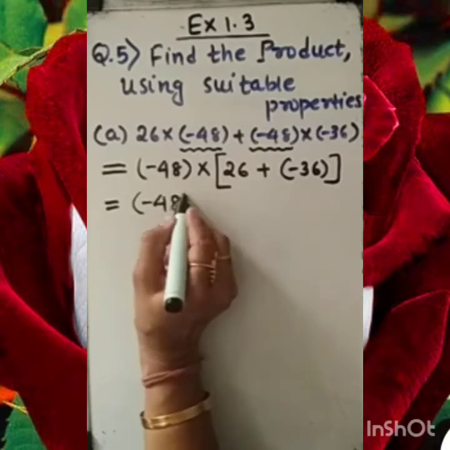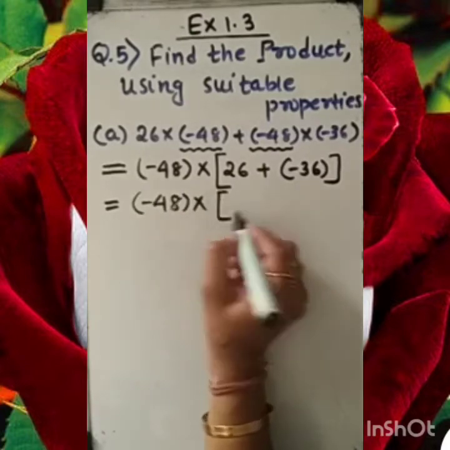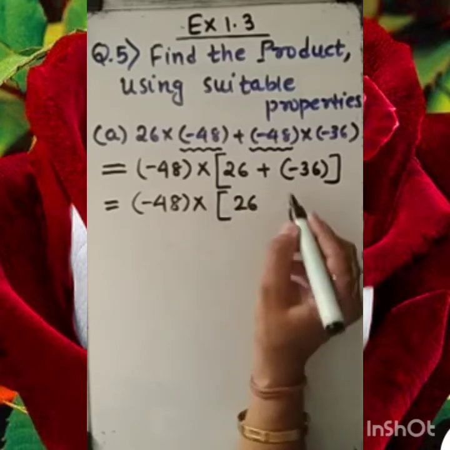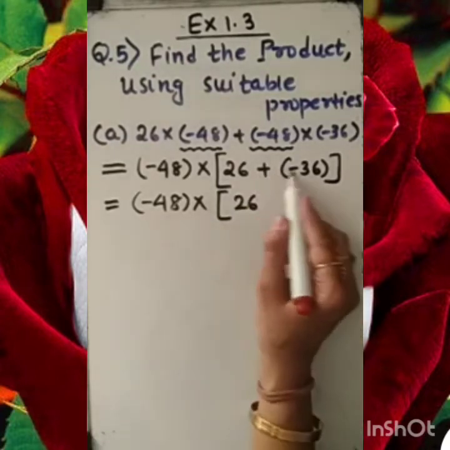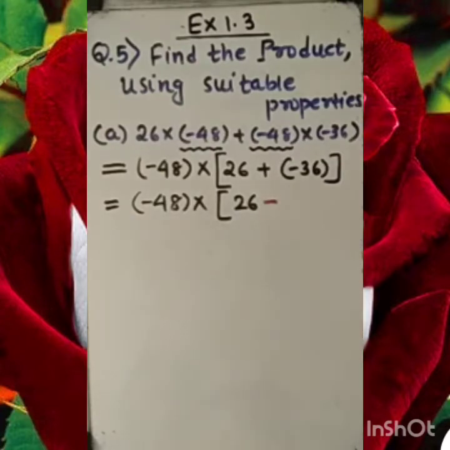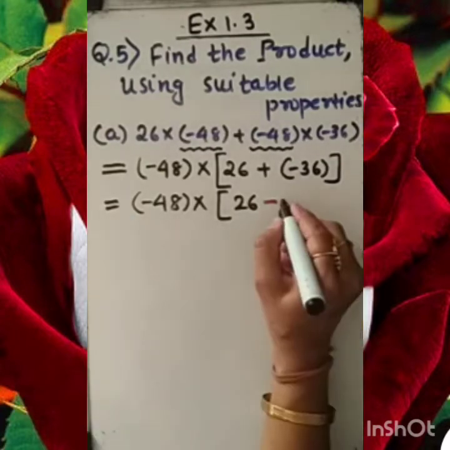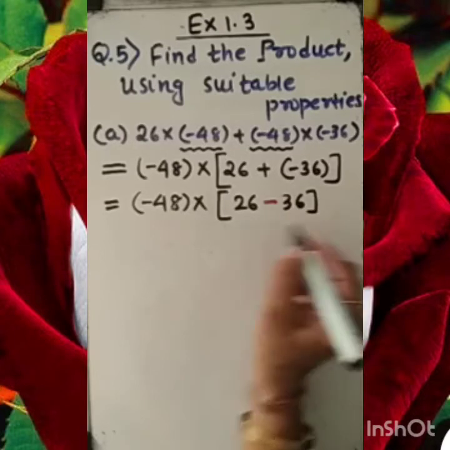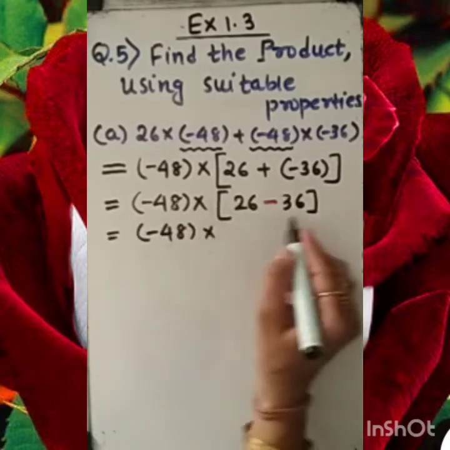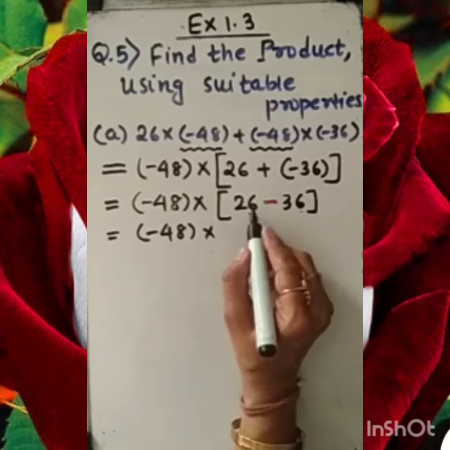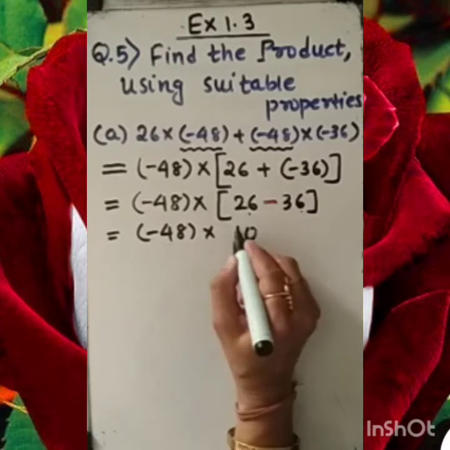In such a case, what should I do? This is already there. Now let me open the bracket. As we know, please remember, plus minus is always minus. So I need to write here 36. Now let's go ahead. We know very well 36 minus 26 gives the result 10.